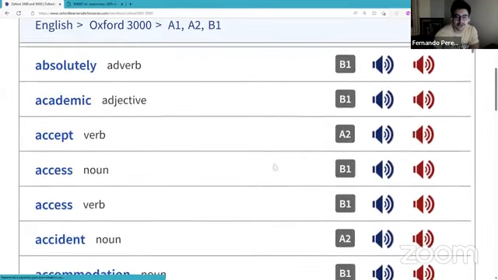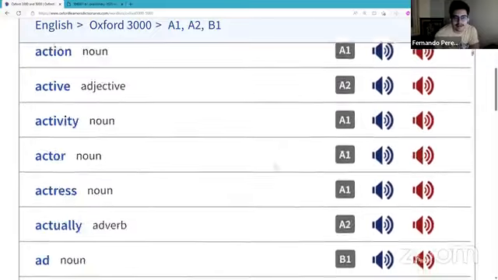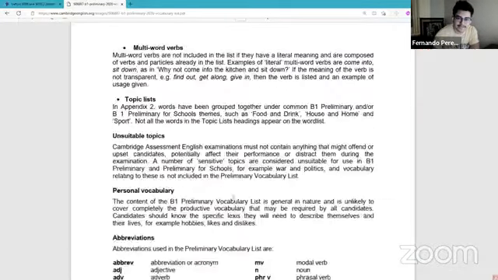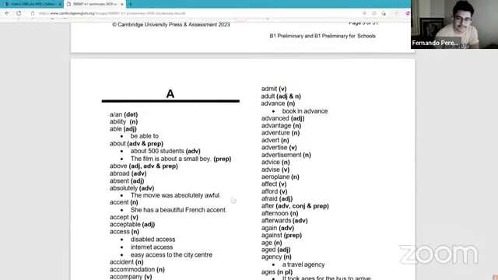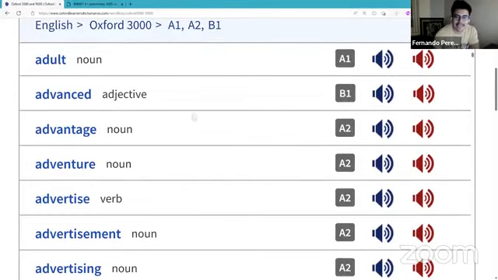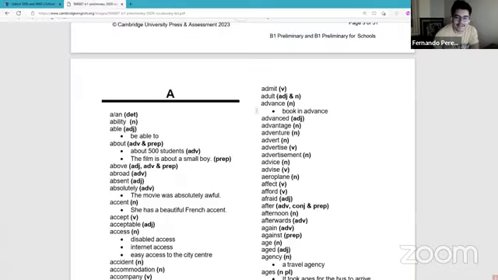All the necessary words for you are in this list or in this list. You have them by alphabetic order or by level. You decide. Here is the pronunciation, and here is the list.